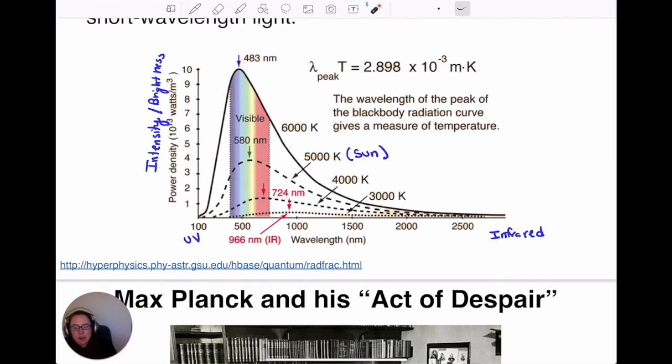at higher temperatures. So at 3,000 Kelvin, the peak is going to be at about 966 nanometers, which is in the IR. So this will be very warm. And then we also have a little bit of emission in the visible range.